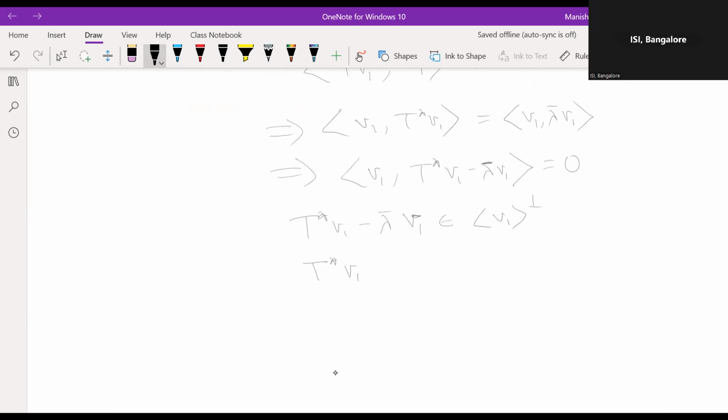We can write T star V1 as some multiple of V1 plus something in the orthogonal component, but something is missing.